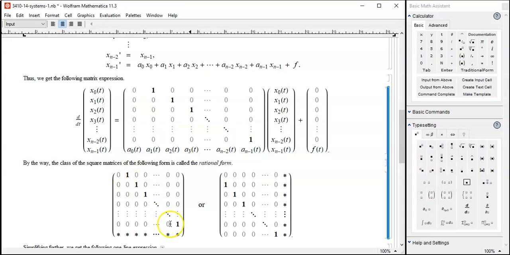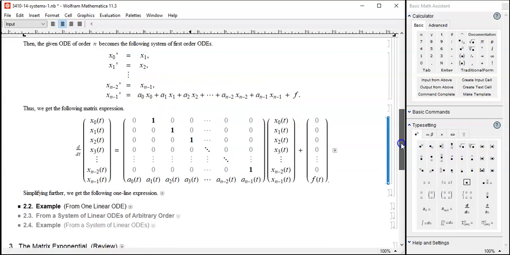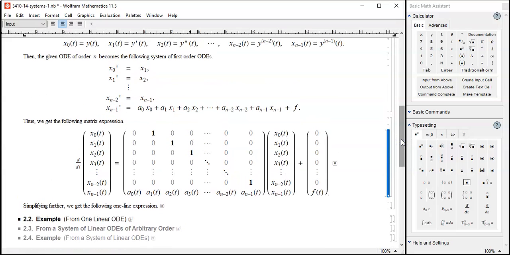Either all ones right above the diagonal, and then some non-zero numbers only on the last row, or its transpose, all ones right below the principal diagonal, and then non-zero entries only on the last column. This kind of thing is called a rational form, and this is an important class of matrices. And of course, one of the motivations why that is so important is related to this. As a matter of fact, it's useful in differential equations, so it's useful in linear algebra as well.